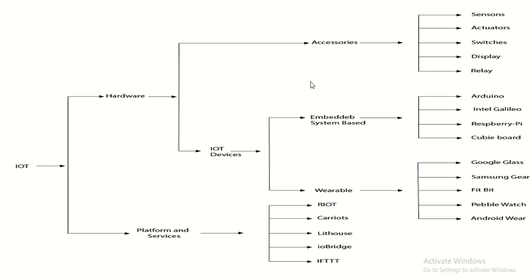For example, if I want to start the regular light which I am using in the home in the IoT project, I will use the relay over there. These are the accessories in terms of hardware.